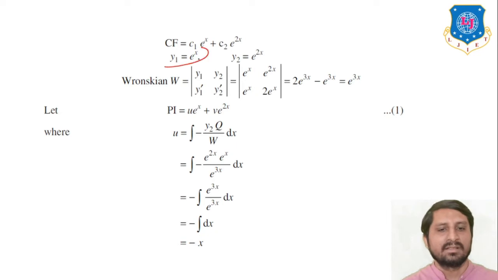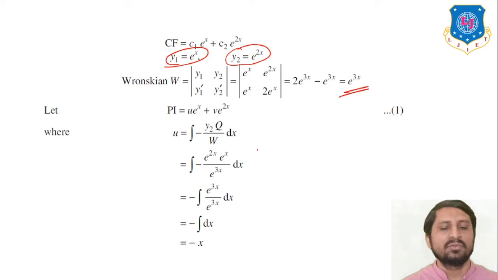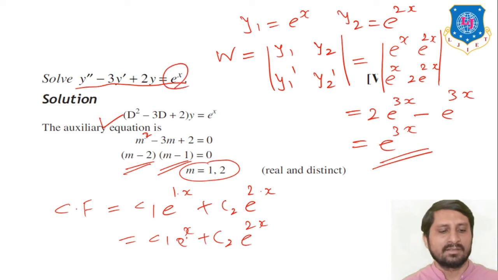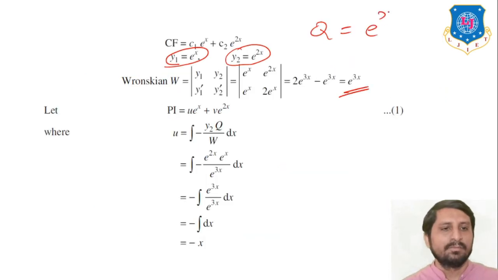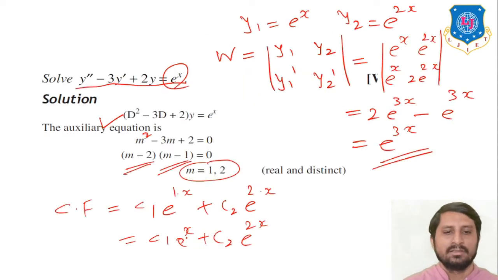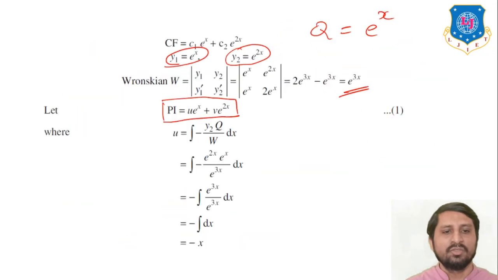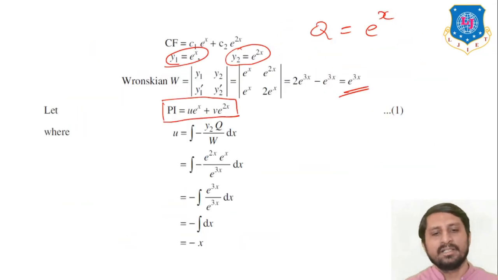So y1 is e raised to x, y2 is e raised to 2x, the Wronskian determinant w is e raised to 3x, and q, the right side function, is e raised to x. Now the particular integral is c1u plus c2v, so first we have to find u, the integration of minus y2 q upon w.